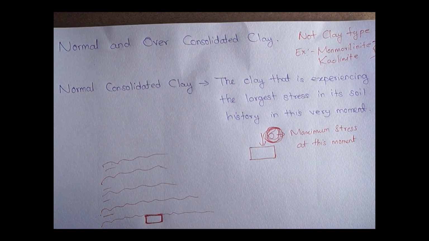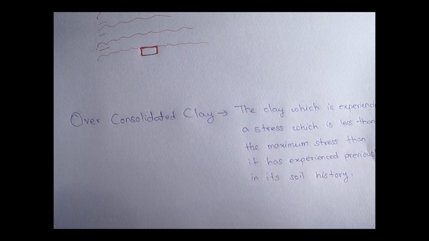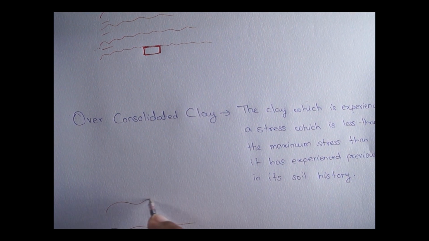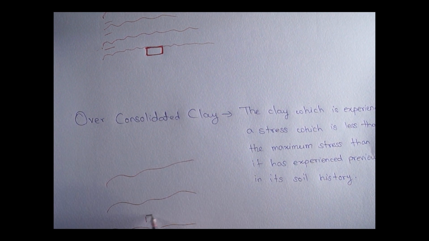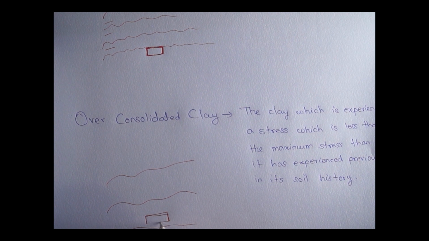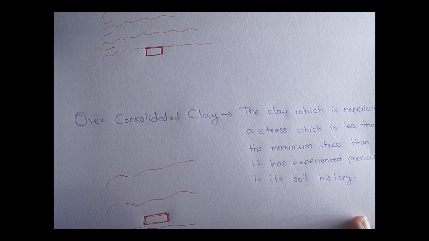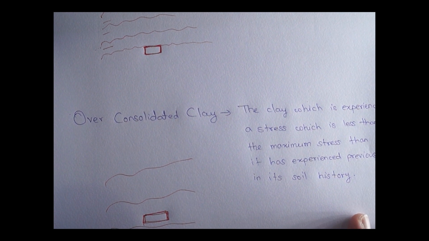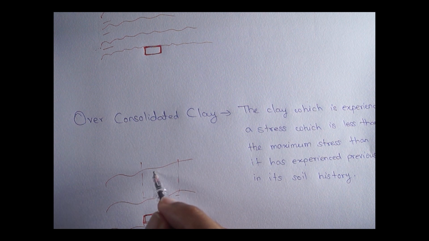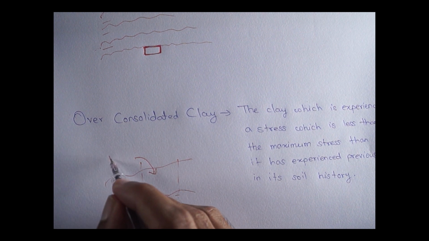When you come to over-consolidated clay, so let's say there are a few layers of soil. You are considering the soil here. So for any type of construction, let's say for a construction of a two-story building, you are making an excavation here and removing this soil.